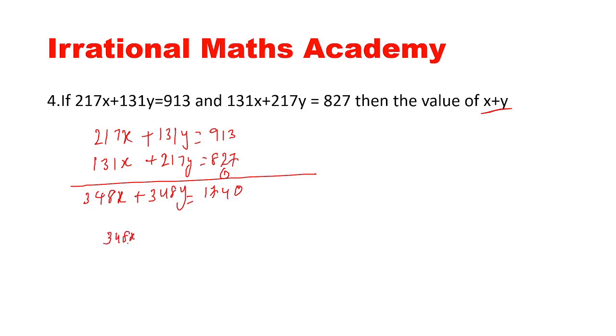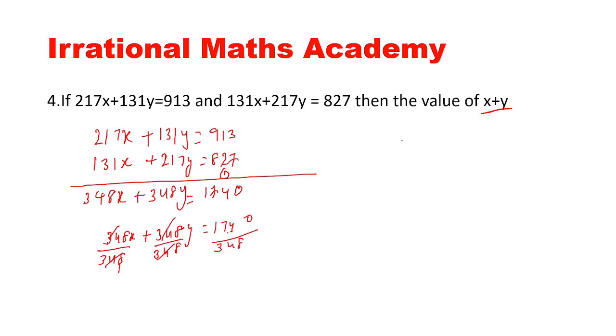348x plus 348y equal to 1740, right? Both sides I'll divide by 348. 348 here and 348 here.